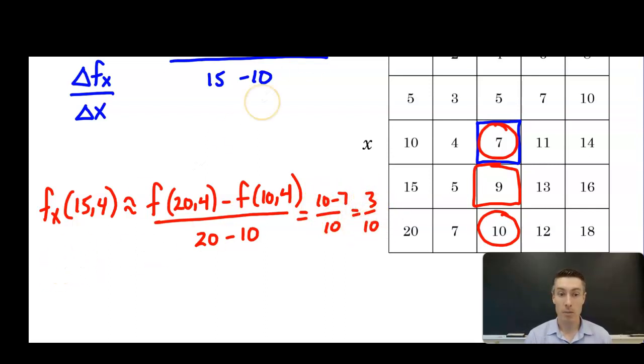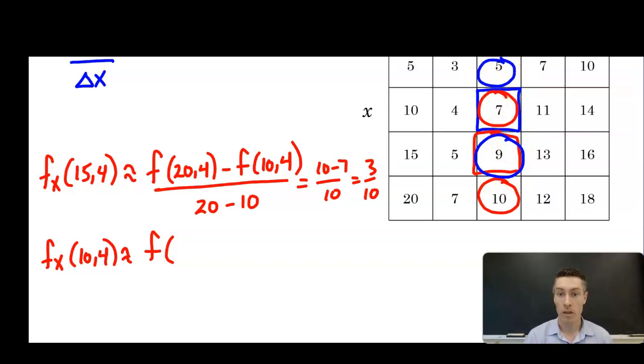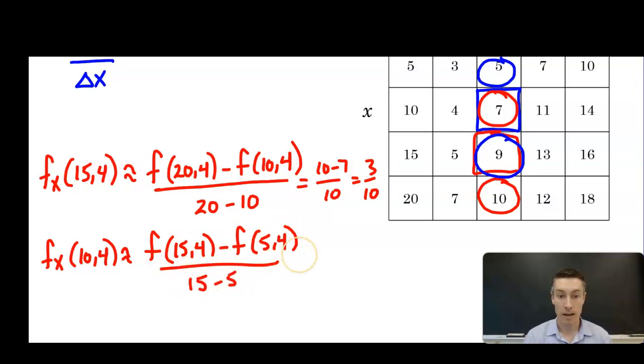And then we'll do the same thing for the first order partial at (10, 4). So we'll use the points right near it. So this point and this point. So (15, 4) minus (5, 4) over the change in x, so 15 minus 5. So we get 9 minus 5 over 10, which is 4 over 10.